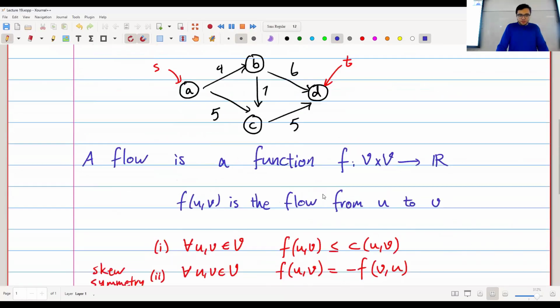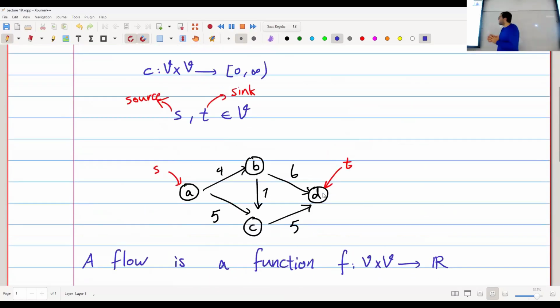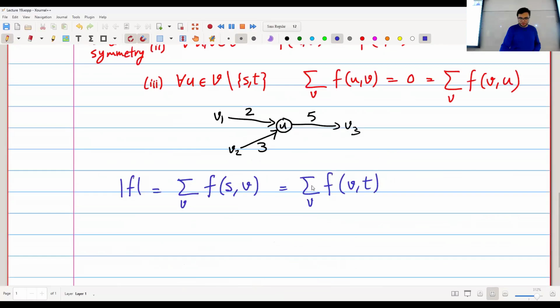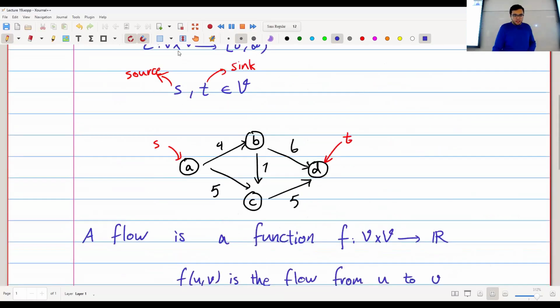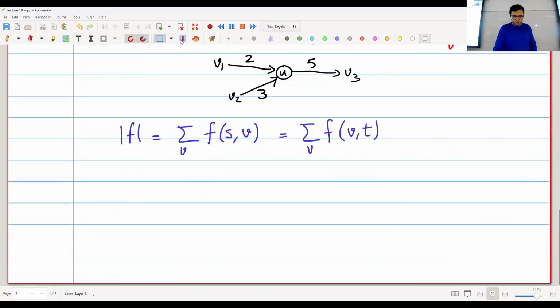Okay, so what is my goal now? My goal is, given a network, which is a directed graph like this with capacities, to find the maximum possible flow from the source to the sink. Let's just try it on this example and see what we can do.